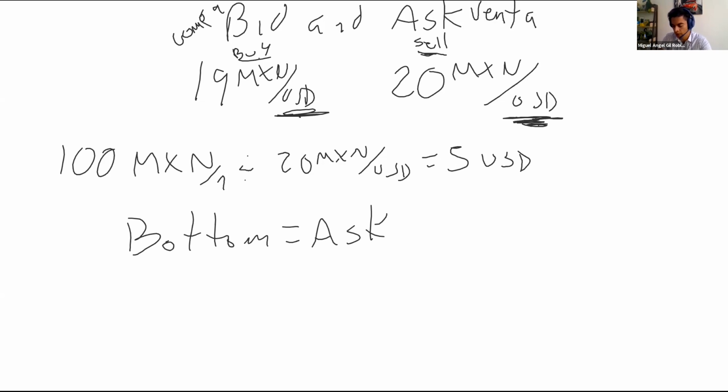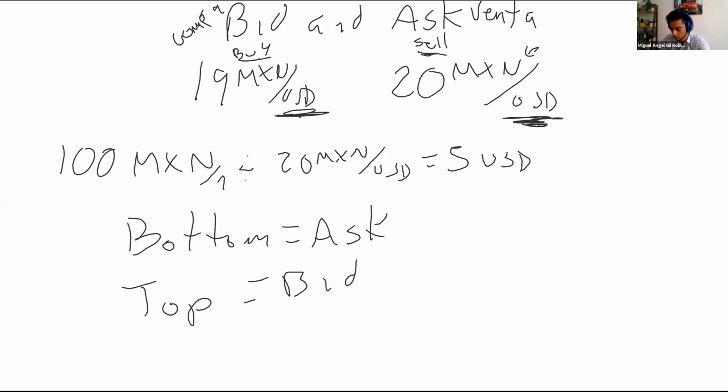We use ask because we needed the dollars. But what is the opposite? If we need the currency on the top, meaning pesos, you are going to use bid. This is a very useful tip because you can just remember this trick and use it all the time.